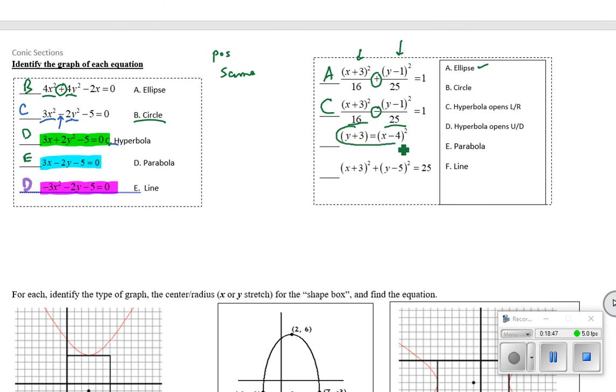You have only x squared, no y squared. That's a parabola. And you have 1x squared and 1y squared, and they're positive and the same. That shape is a circle.